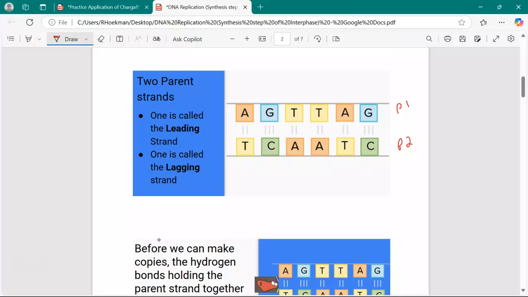One's going to be called the leading strand. Basically, it's one of the parent strands, it's leading, and one's called the lagging. If you think about the word lagging, it means like you're kind of behind, and it'll make sense later why we call it that lagging strand. So we have two strands, parent 1, parent 2, and one's going to be leading and one's going to be lagging. And we don't have to know which one's which quite yet.